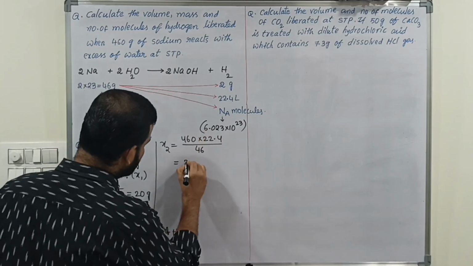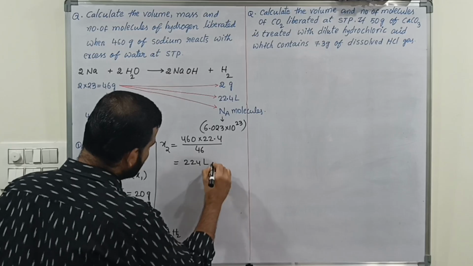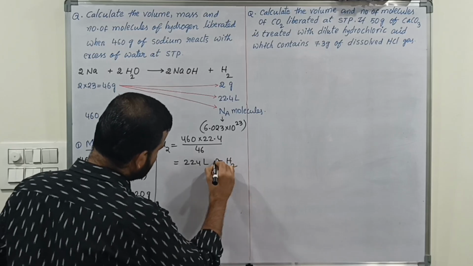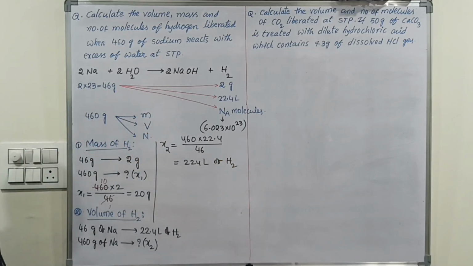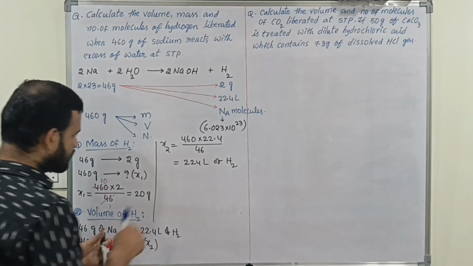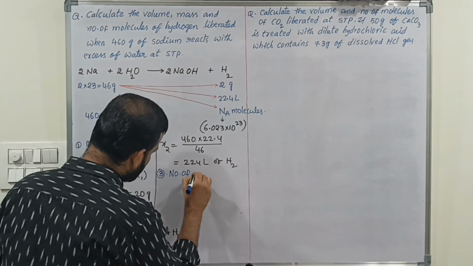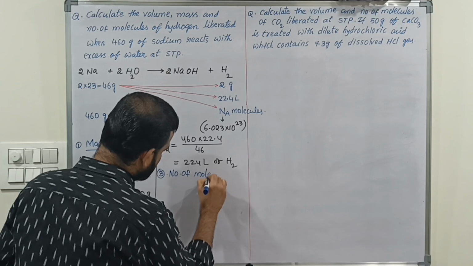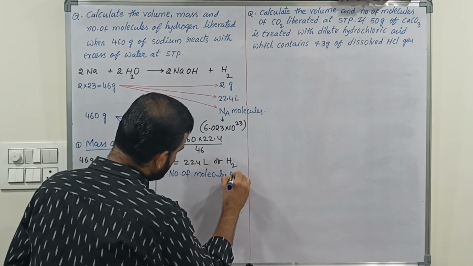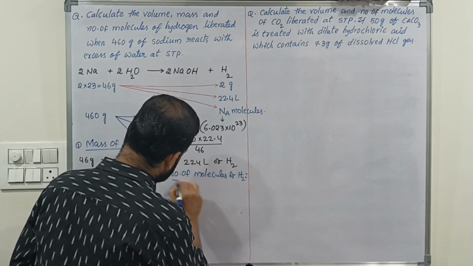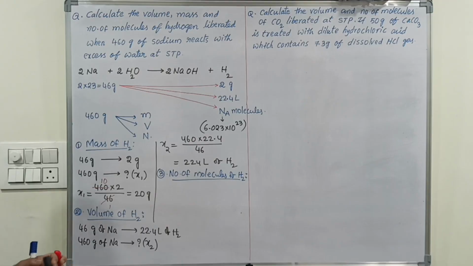So we get 224 liters of H2 gas. Next, the third one, number of molecules of H2.